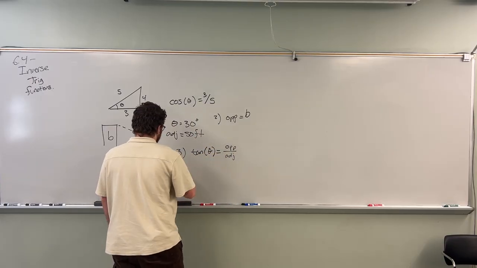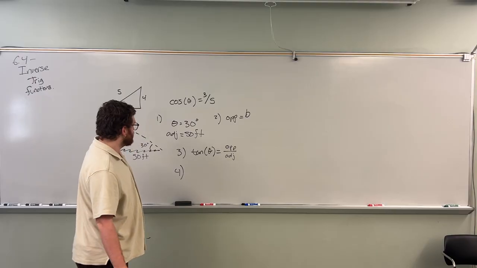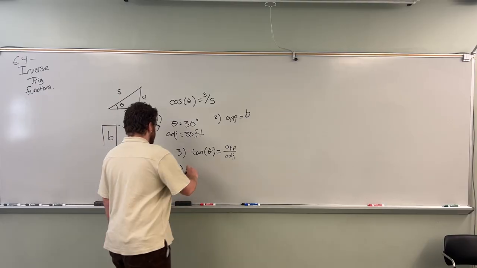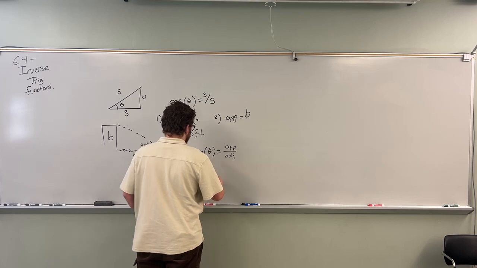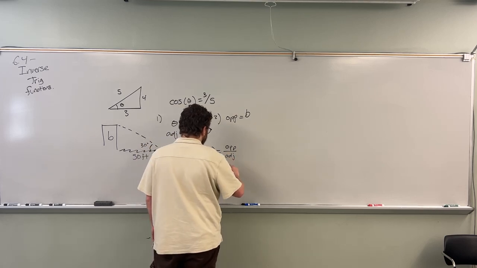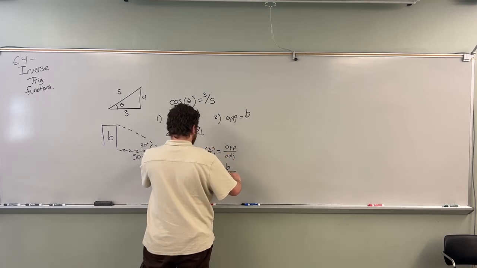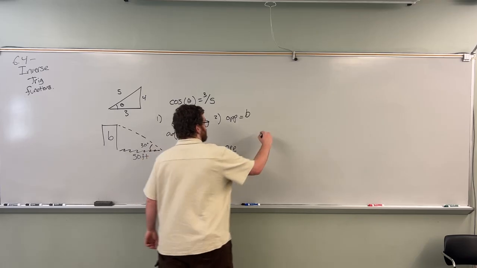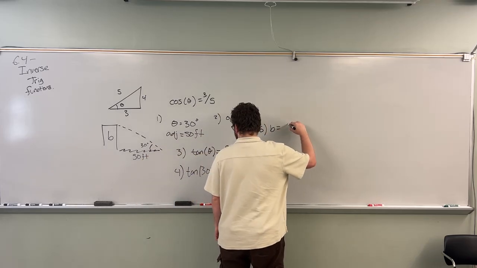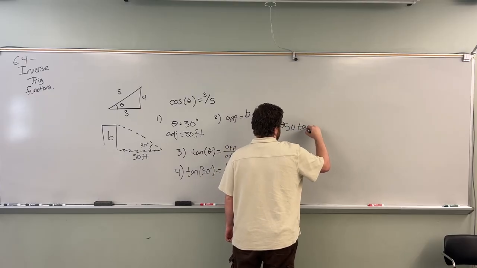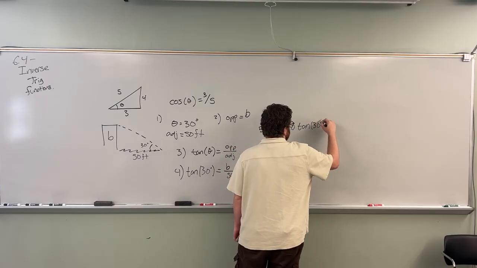Plug all of my stuff in there for step 4 of our 5-step process. So opposite is B. I have tan of 30 degrees equals B over my adjacent 50. And then step 5 is solve. So I have B equals 50 tan 30 degrees.